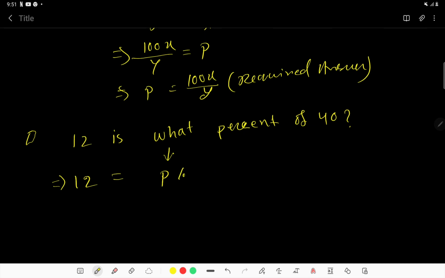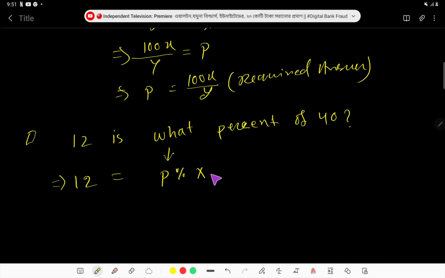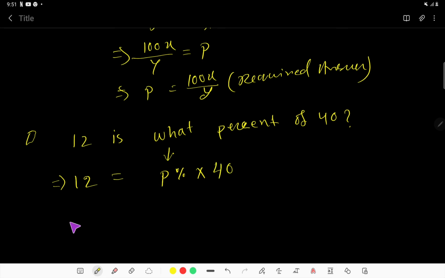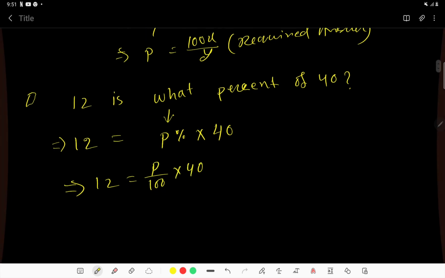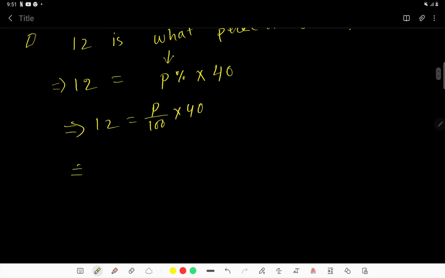Percent means this sign, then of means multiplication, then we have 40. So now percent means 1/100. So to cancel, we can easily cancel this 0, then we can divide 40 by 2 and 100 by 2, then we'll get 2 and 5. So 12 equal to 2p divided by 5.